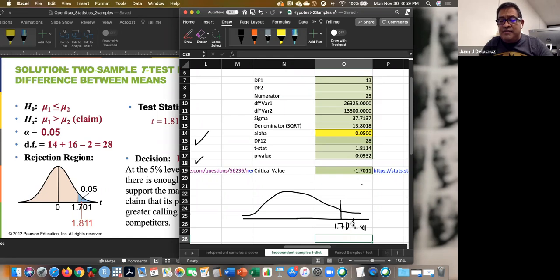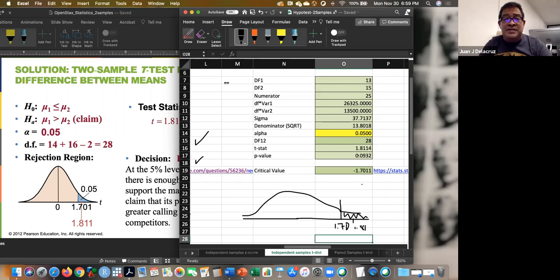So we have a t-score. We have a critical value that is 1.70 and a t-statistic that is 1.81. So the t-statistic falls inside the rejection region. Therefore, we reject H naught at the 5% level of significance.